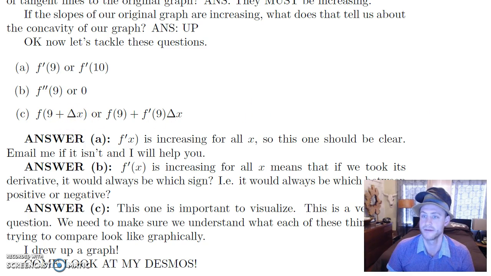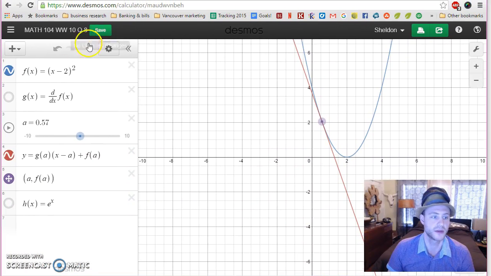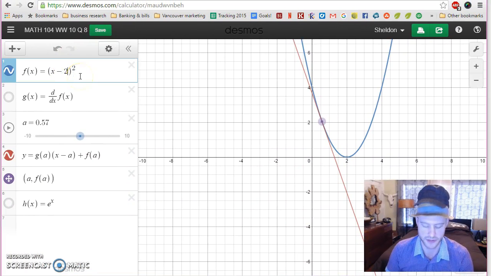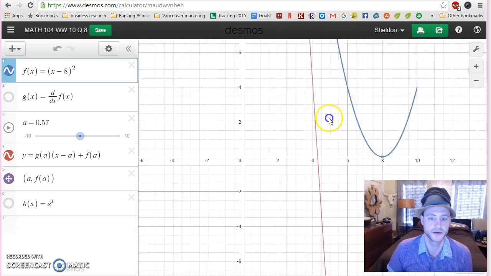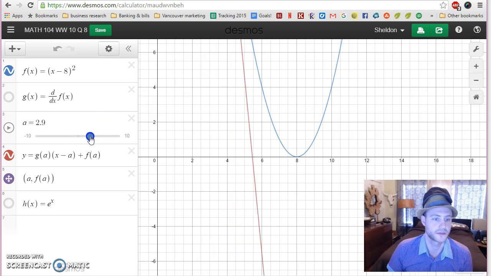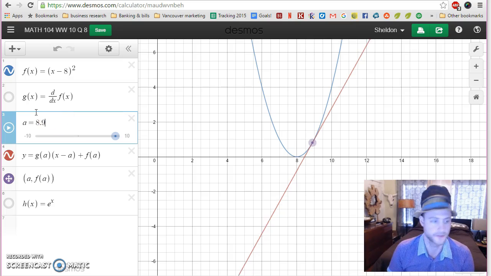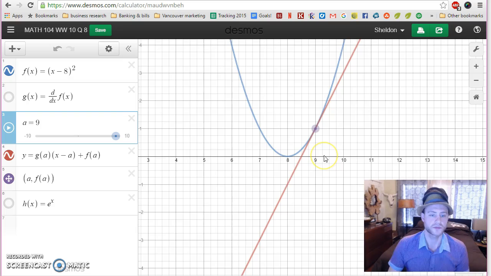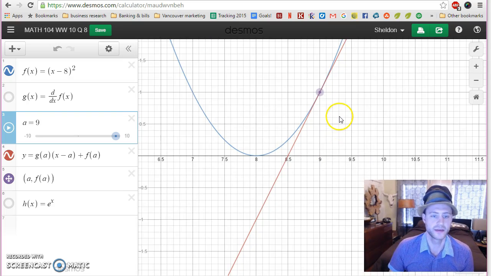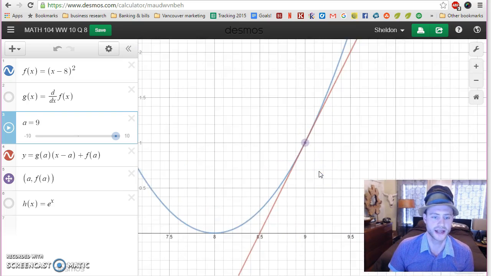I'm going to change this function here to this one, just so it's easier to see. So f at 9 would be right there. Let's change this to 9.